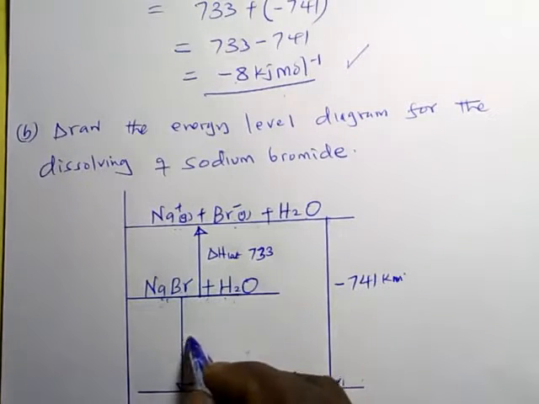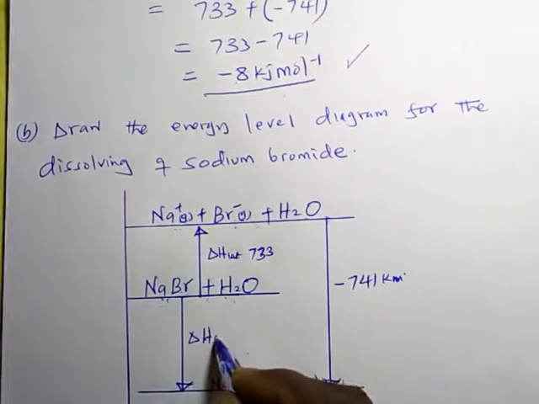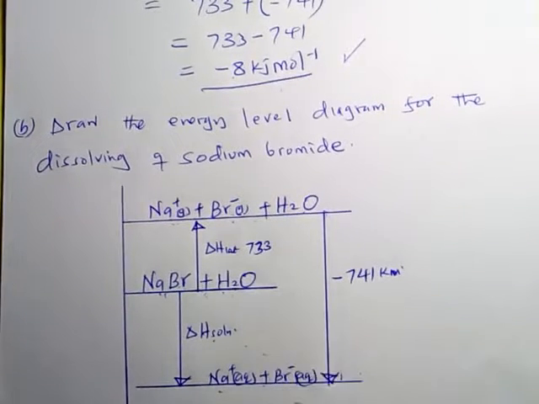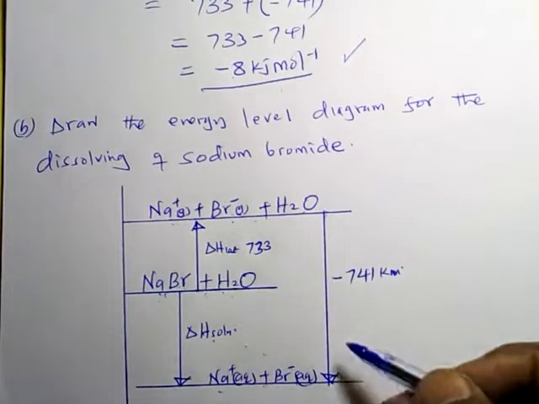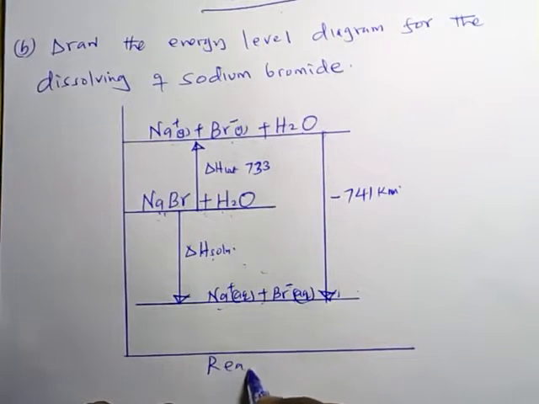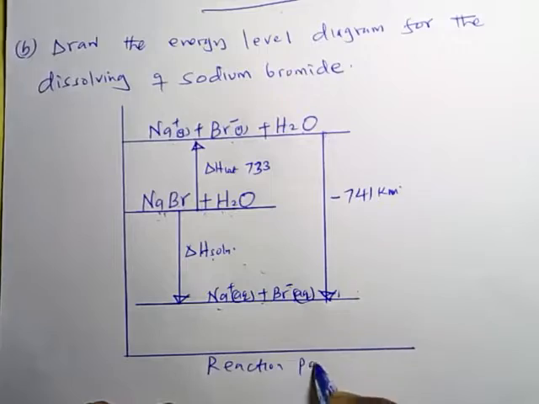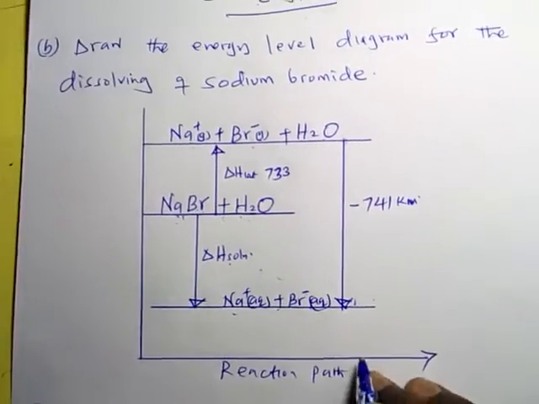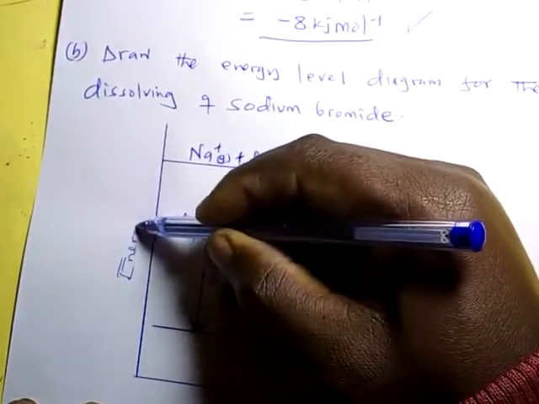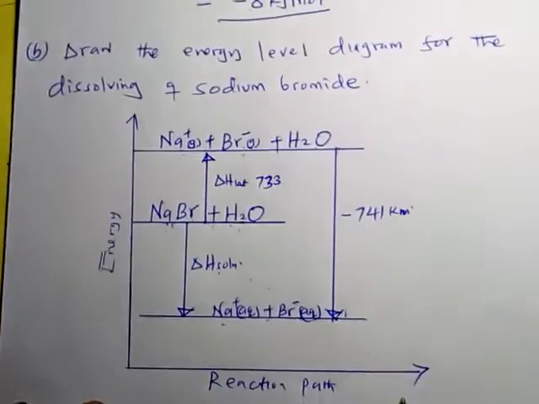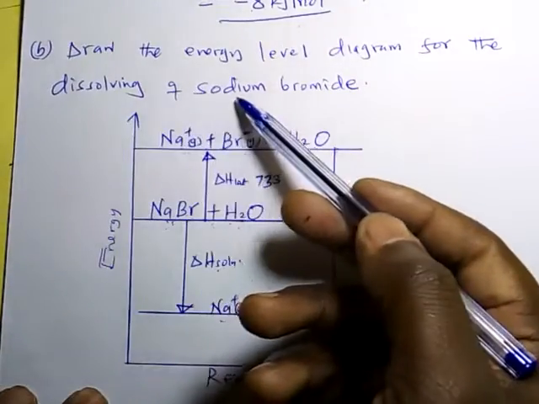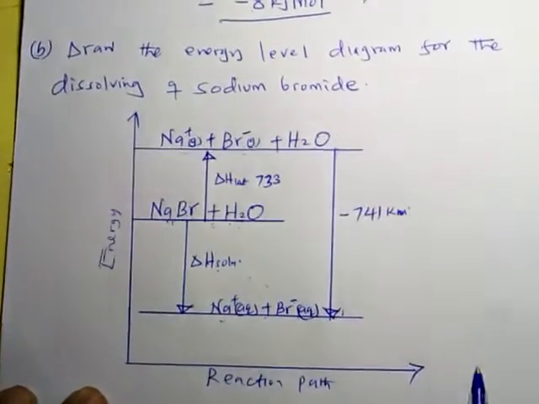So we can calculate the heat of solution using this one. You write the reaction, but here make sure you write energy. And this is now the energy level diagram for dissolving sodium bromide in water.